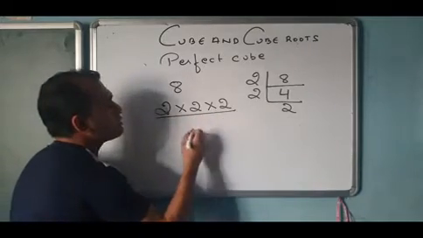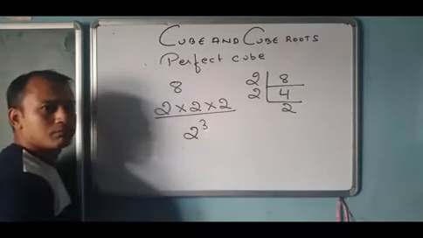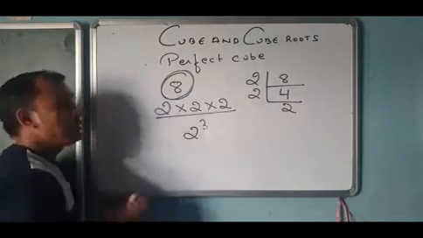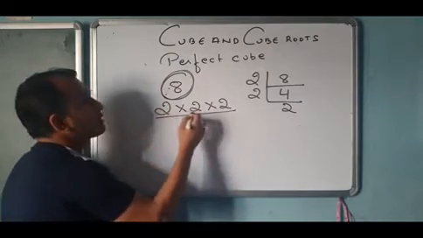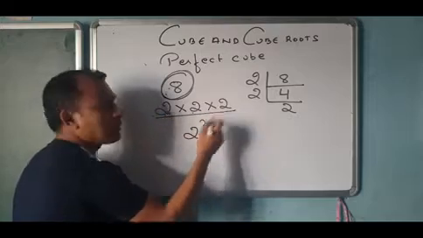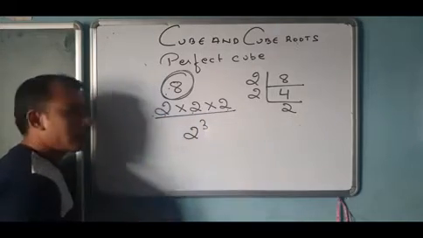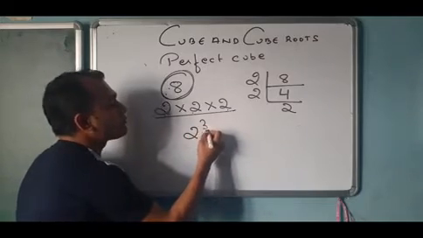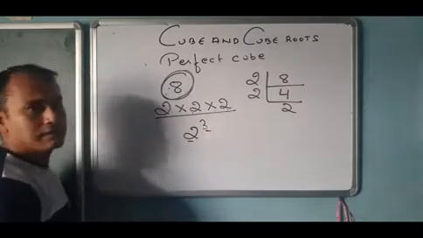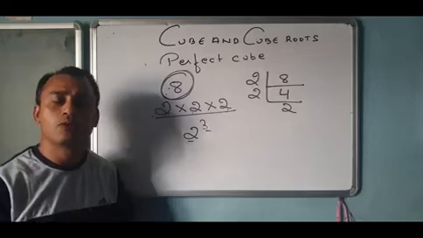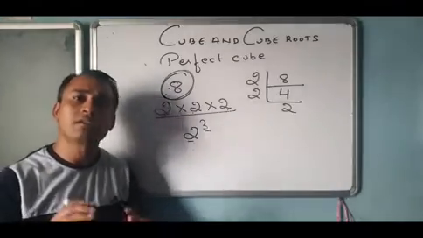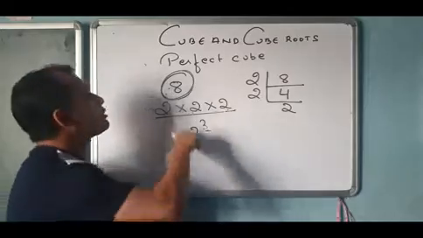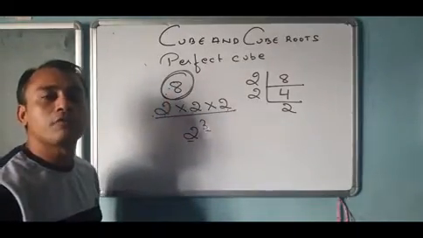Hence I can write this as 2 cube. So here 8 is a perfect cube because its factor can be expressed as a group of triplet, or on the other hand it can be expressed as a power of 3 of any base. Such numbers whose prime factors can be expressed as a power of 3, we call such a number a perfect cube.